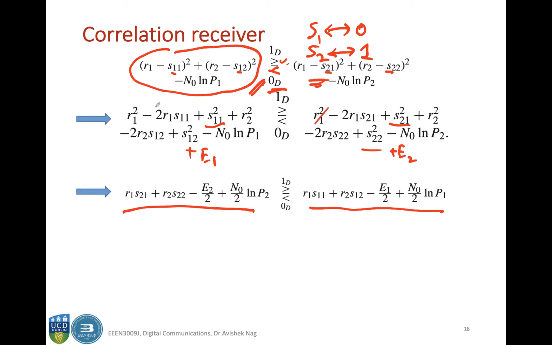R1 square and R2 square cancel because they are the same on both sides, and these two terms remain as they are, and then we are left with these cross terms.